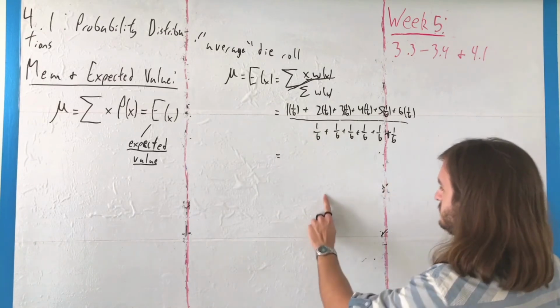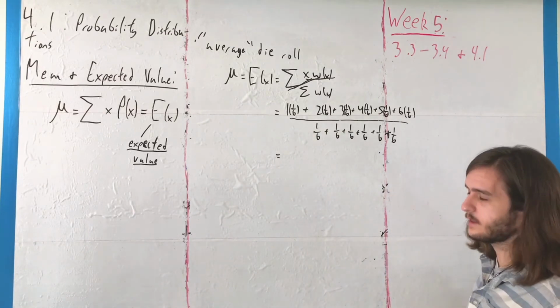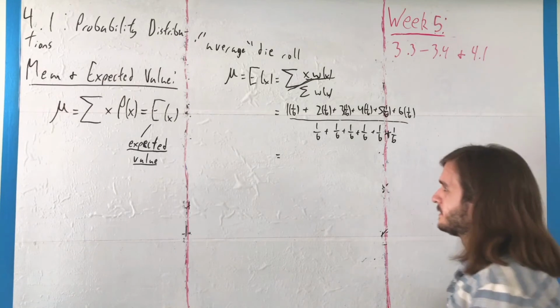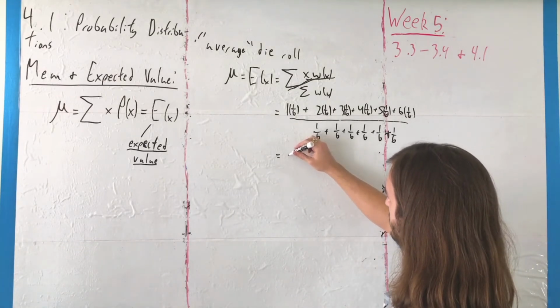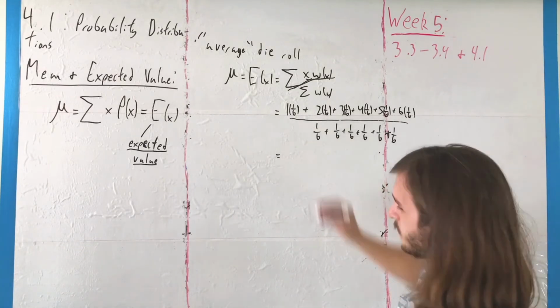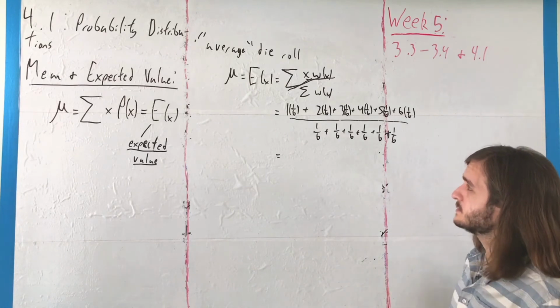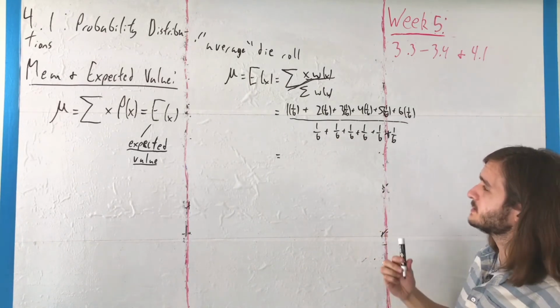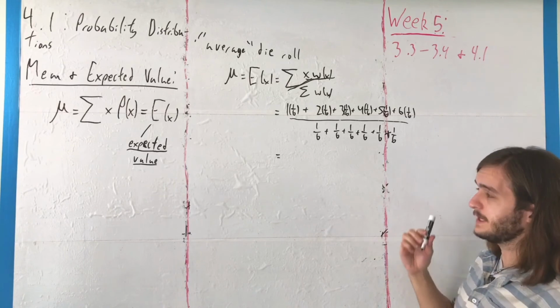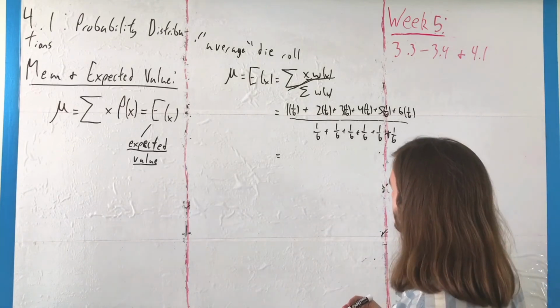So the bottom, just dividing by 1, that's not really doing anything. And on the top, we would just end up with 1 times 1/6, so 1/6, plus 2/6, 3/6, 4, 5, and 6/6.